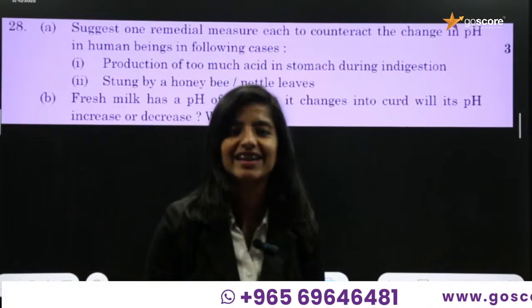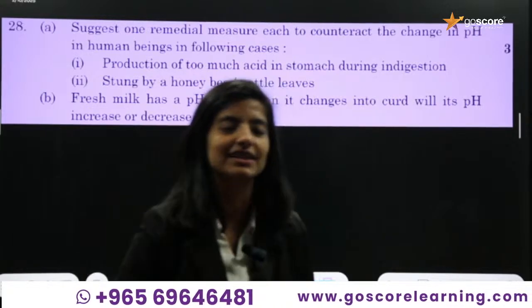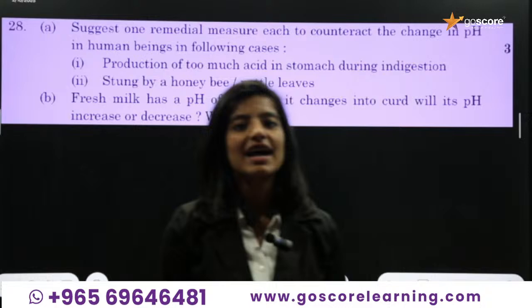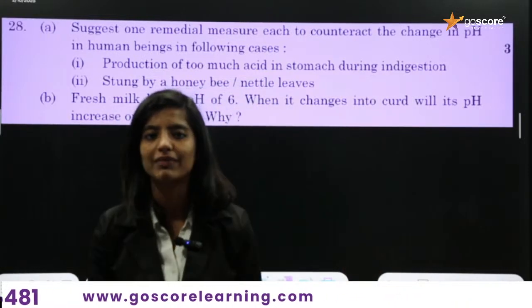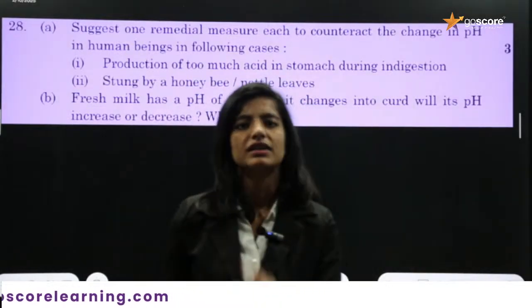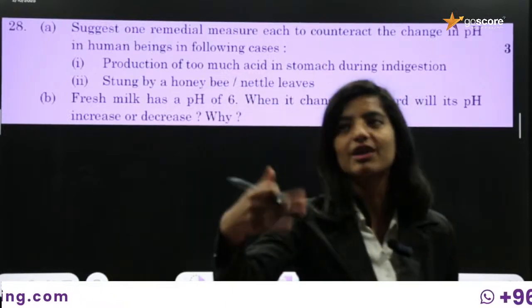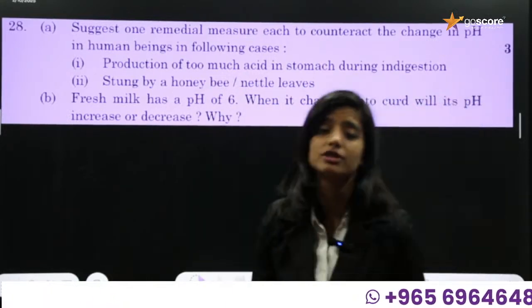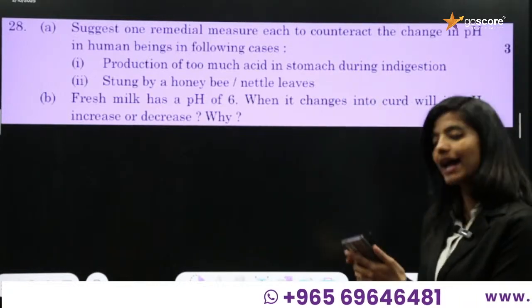You can use the baking soda, and don't use any plants other than the dock plant. If you are not able to distinguish between the dock plant and other plants, don't go for it. If you are able to identify the dock plant, that's a good choice that can save your life.